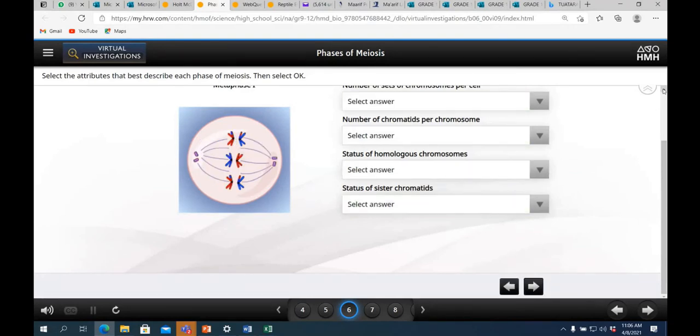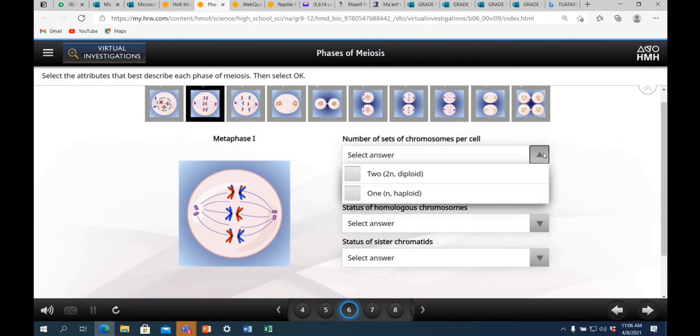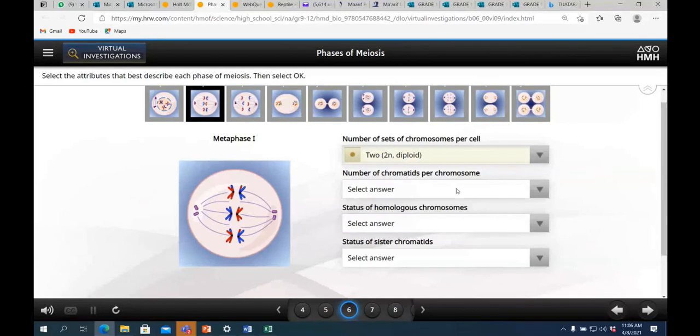Okay, now this is metaphase 1. Now let's check out the answers for metaphase 1. Number of sets of chromosomes per cell: 2 or 1? Ladies? 2, obviously, because there are still 2 sets of chromosomes.